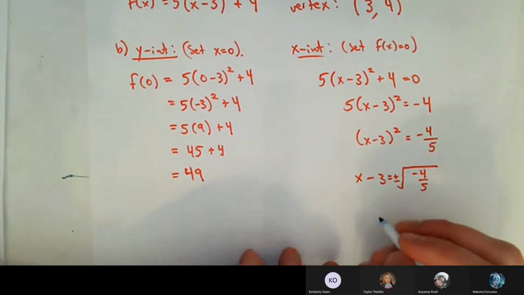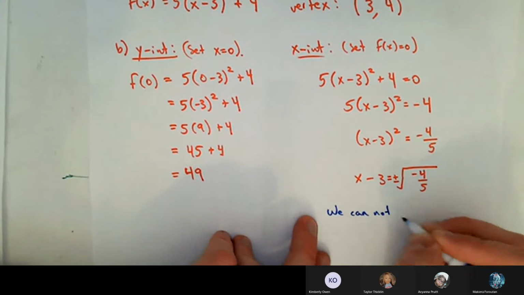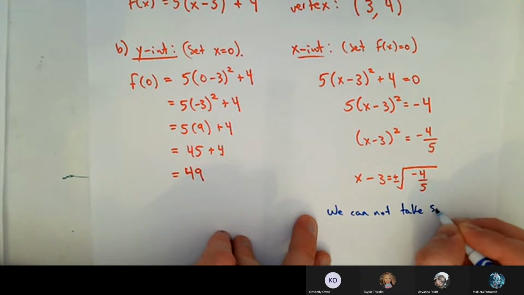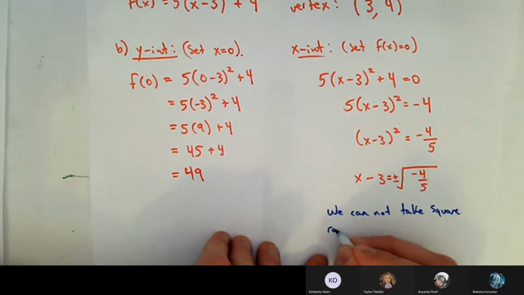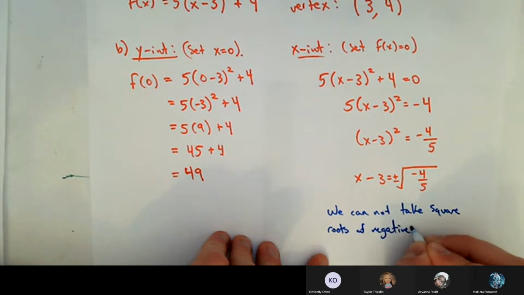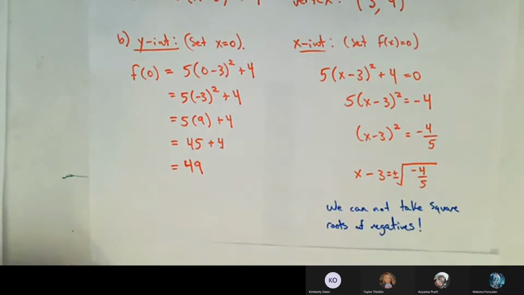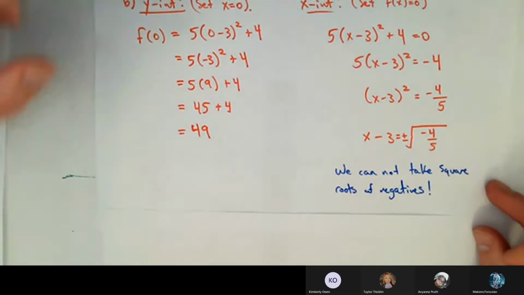So in other words, here's how to say this. We cannot take square roots of negative numbers. Now, well, here's the deal about that.